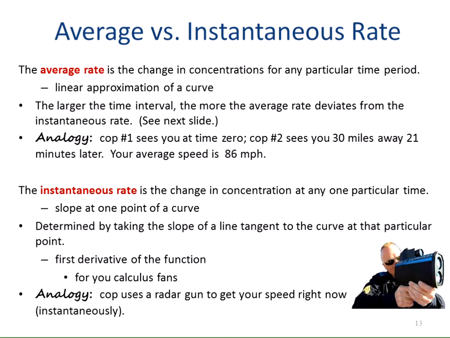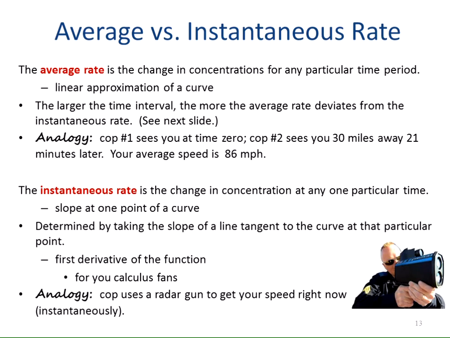But if the cop takes the distance that they traveled and divides it by the time that they saw them going from one point to the other, they could get their average speed. So let's say you're going really fast in between the two bridges, and most of the time you're traveling about 90 or 95, but you see the cop at the next bridge and you slow down, and you're going 70 when you pass the second cop.